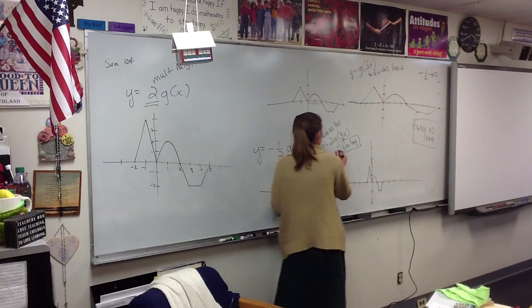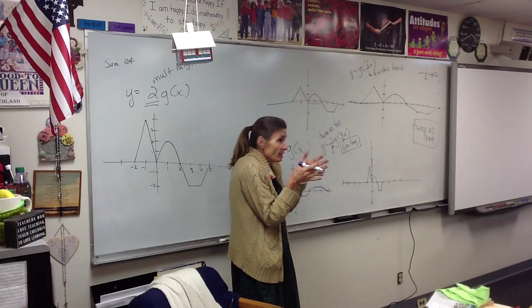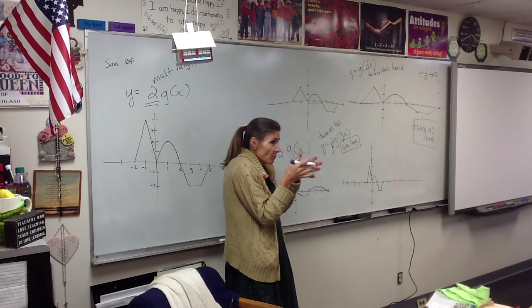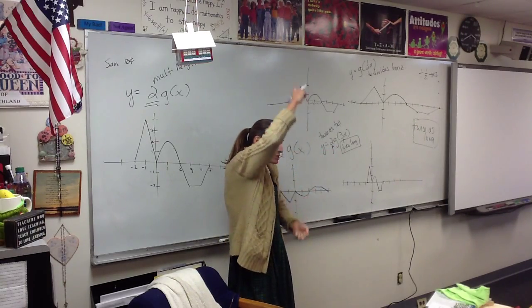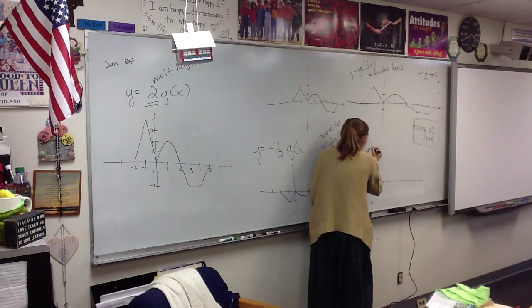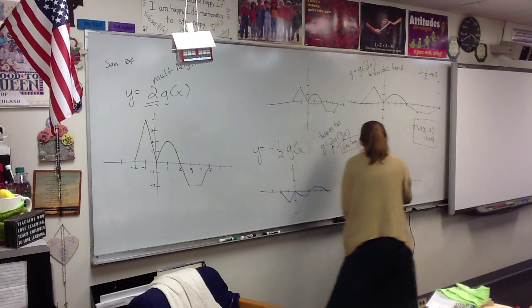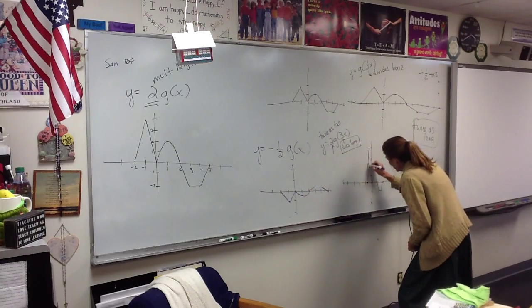And then now we have to deal with this 2. So we're going to take this squishy little thing, and we're going to make it twice as tall. So this point is going to go all the way up to 4. These 2 are staying the same, so this is going to be bizarre looking.